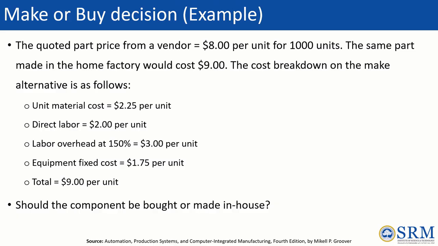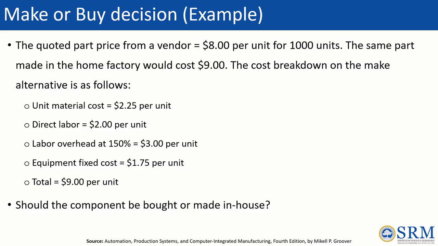Let us see this with an example for a make or buy decision. Consider an example where a vendor offers a component for $8 per unit for 1000 units. Internal production costs $9 per unit. At first glance, buying from the vendor appears cheaper, right?